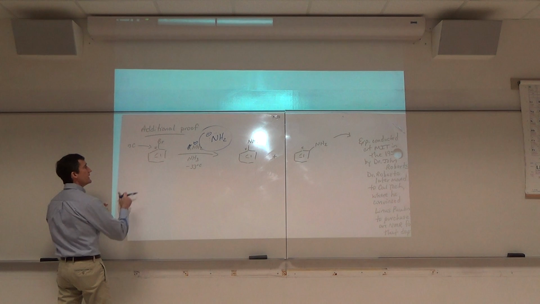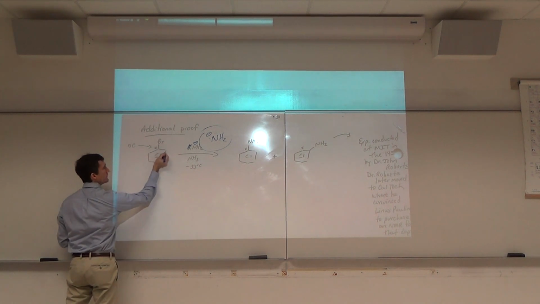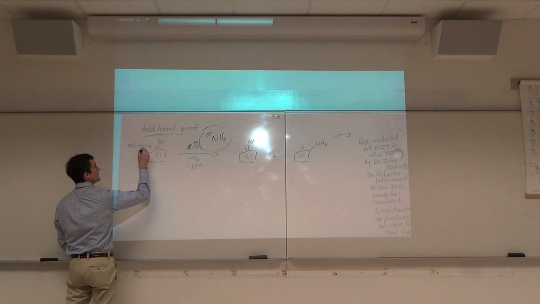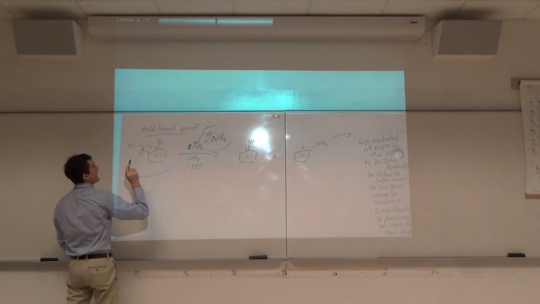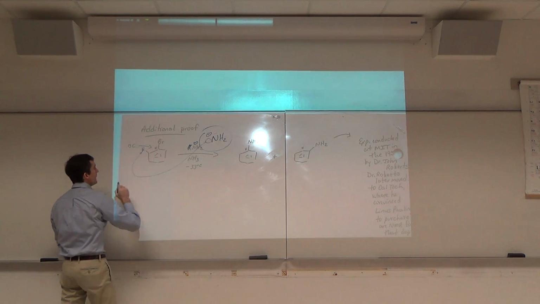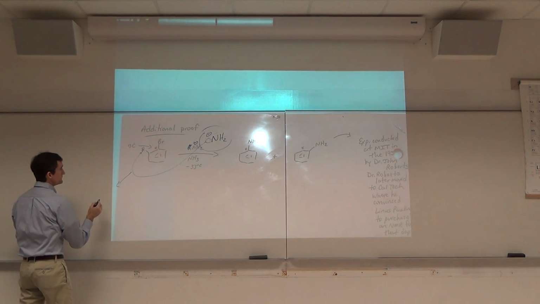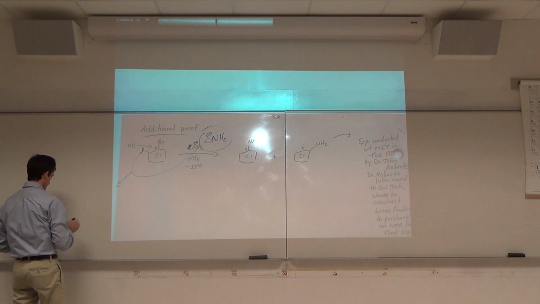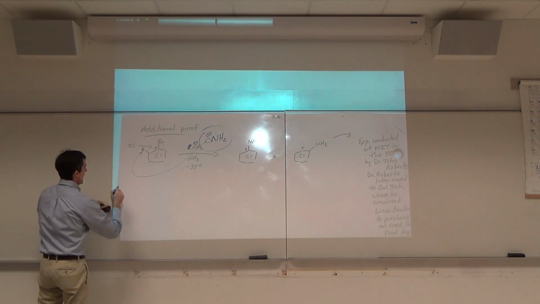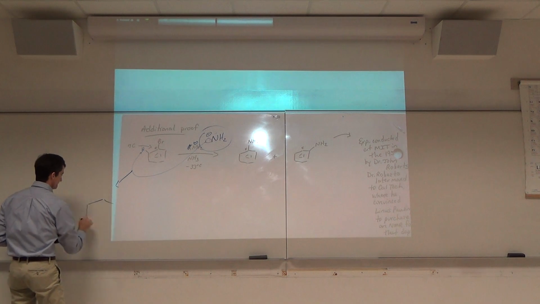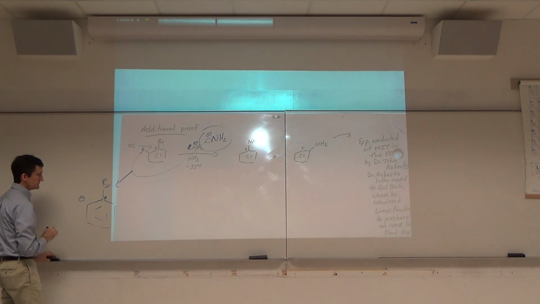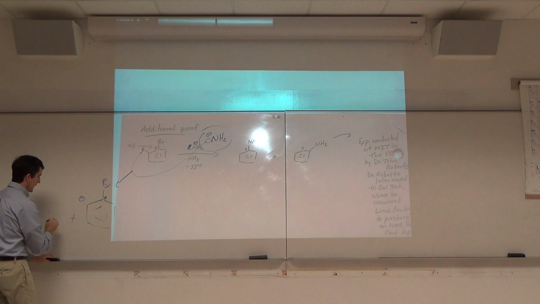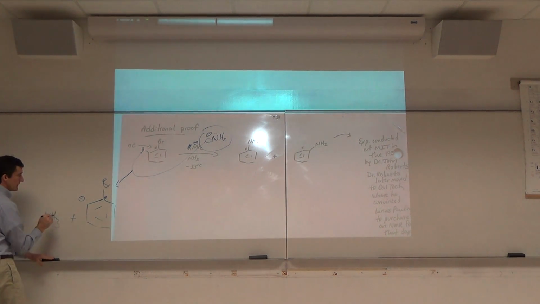So now my pi bonds are drawn over here instead of over there. So I'm going to use this H over here. Now if this takes the H, I'll do it stepwise. We keep that star, this becomes an anion, plus ammonia.